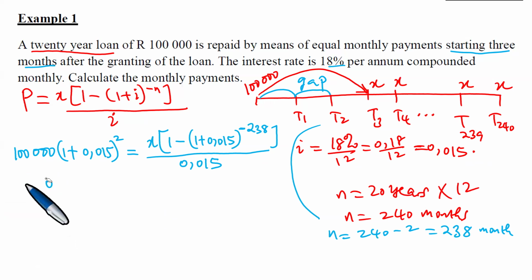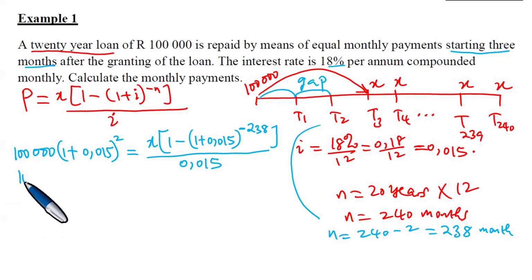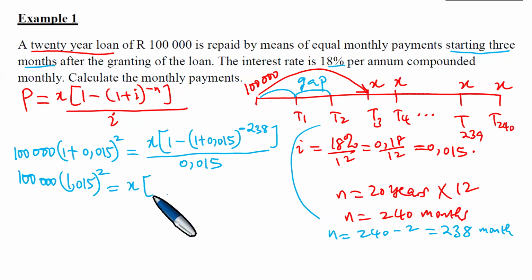So you have 100,000 times 1.015 squared, which equals x.